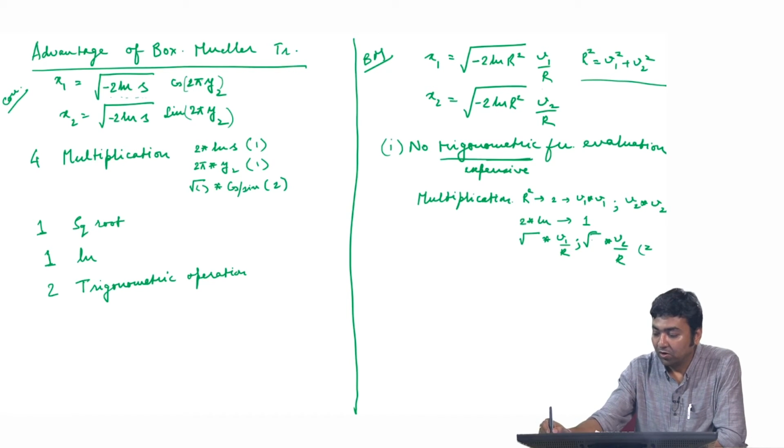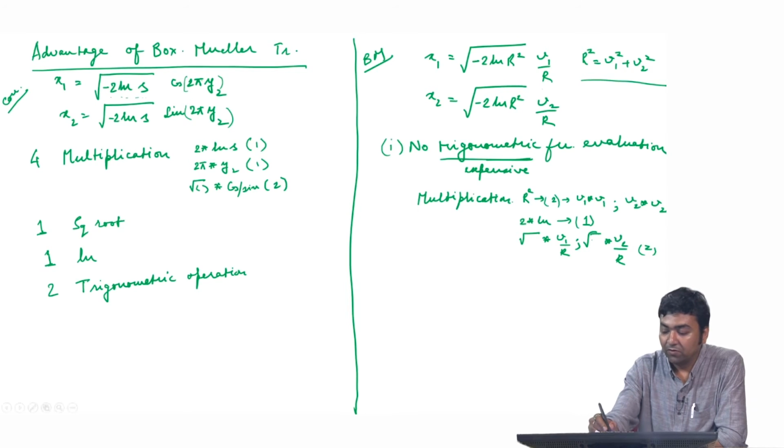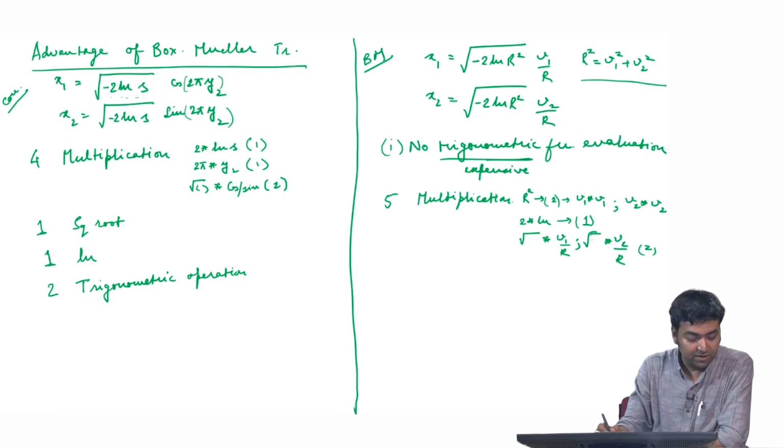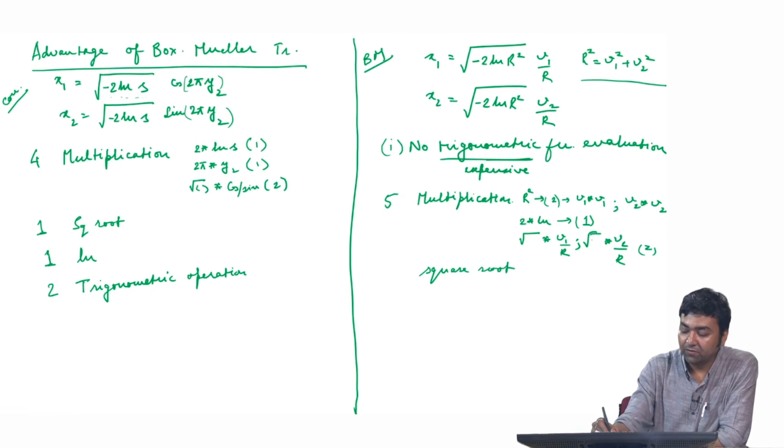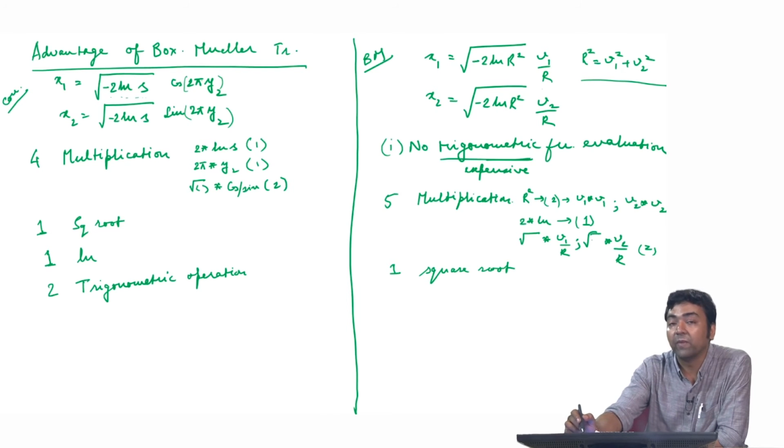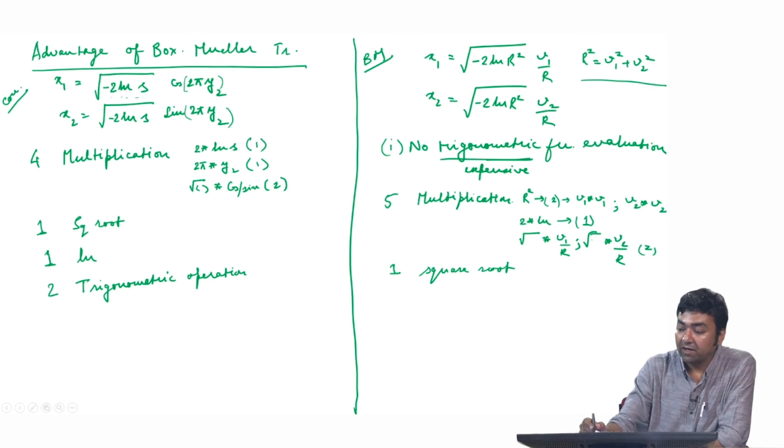In total we need to do 5 multiplication operations. Then the square root is the same as before: we need to do just one square root operation, because once we evaluate the square root of minus 2 log r square, we can use it in both x1 and x2. And finally, we need to do 2 divisions: we need to find v1 by r and v2 by r.